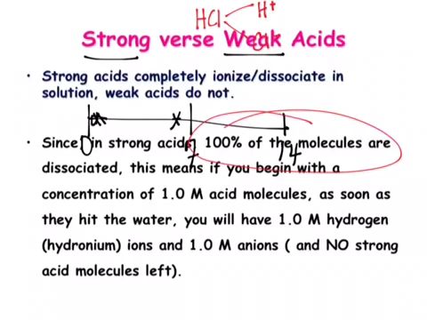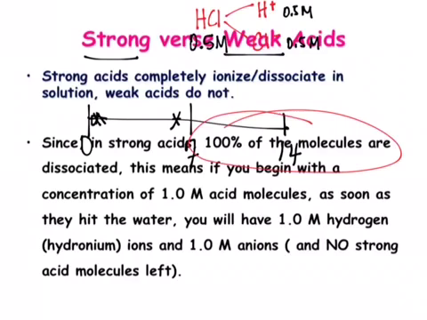If my molarity of hydrochloric acid is 0.5 molar, then when it broke up, now I have 0.5 molar H ions and 0.5 molar chlorine ions. That makes it strong because it completely dissociates.